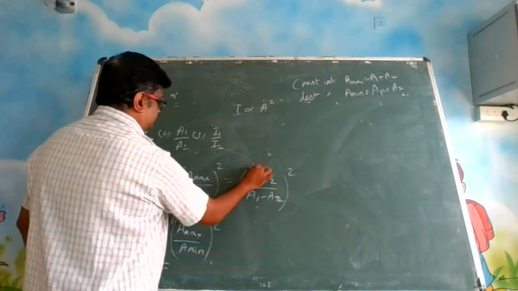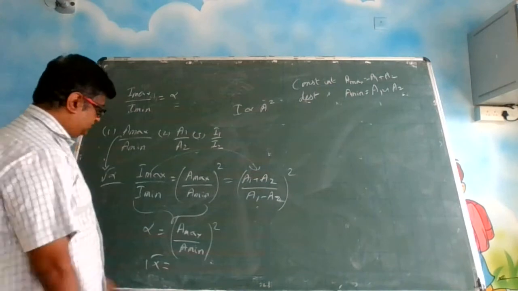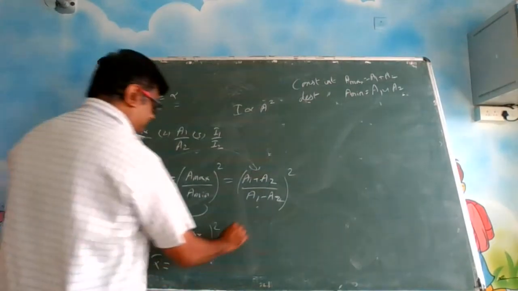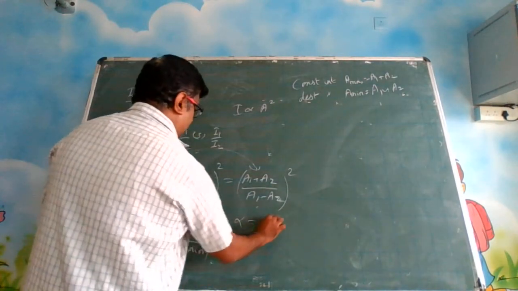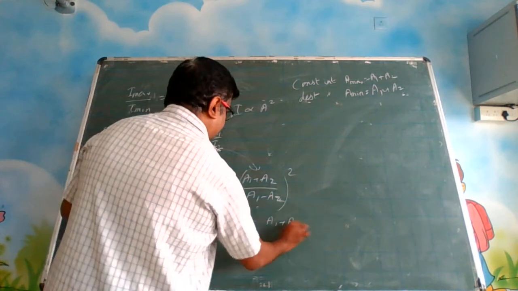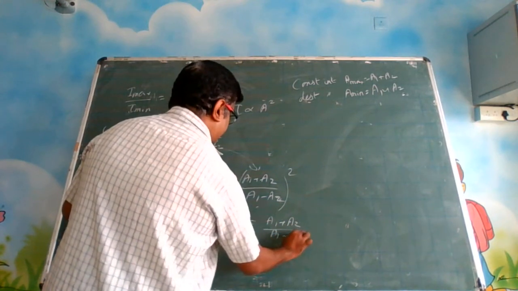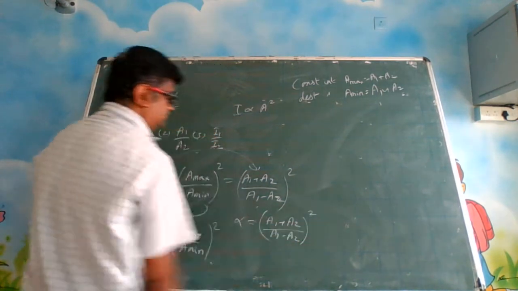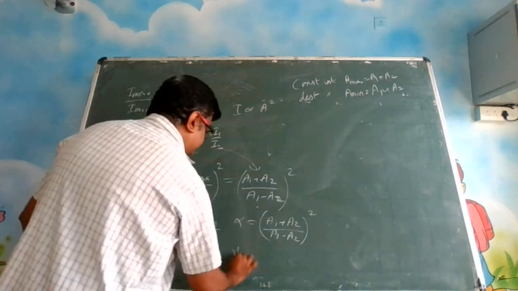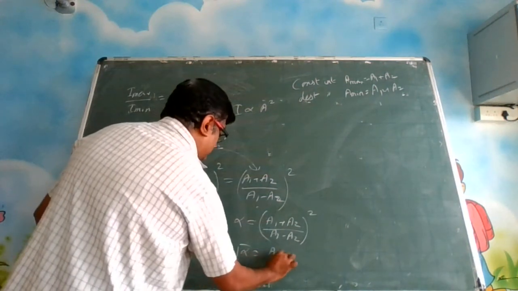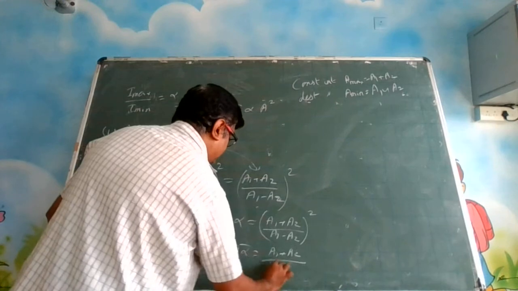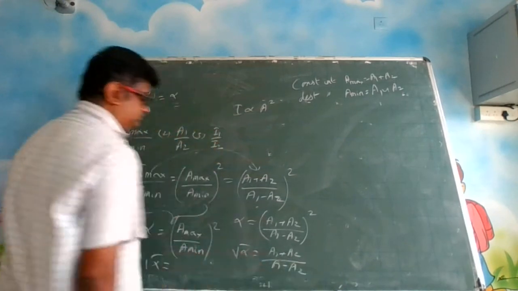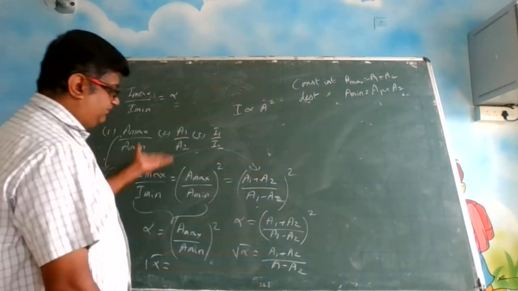इसको और इसको यूज करो, इसको और इसको यूज करो. तो I max by I minimum is alpha. ठीक है, alpha is equal to A1 plus A2 by A1 minus A2 whole square, right? So this becomes root alpha is equal to A1 plus A2 by A1 minus A2. क्या पूछा है सवाल में? A1 by A2.